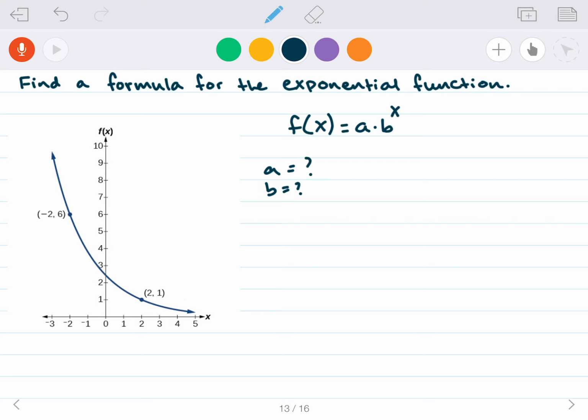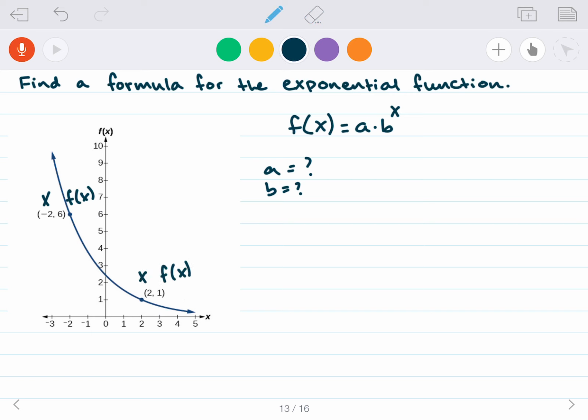Okay, so what's given are these 2 points. The first point, x is -2, and our output f of x is 6. And then we have another one down here, where x is 2 and f of x is 1.